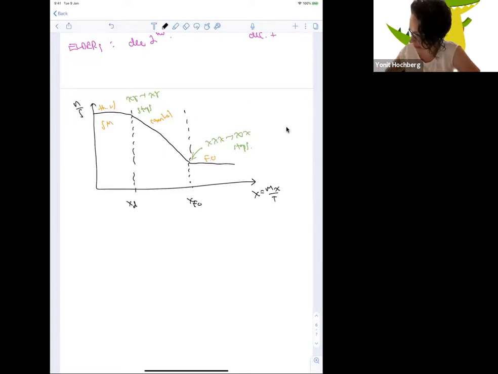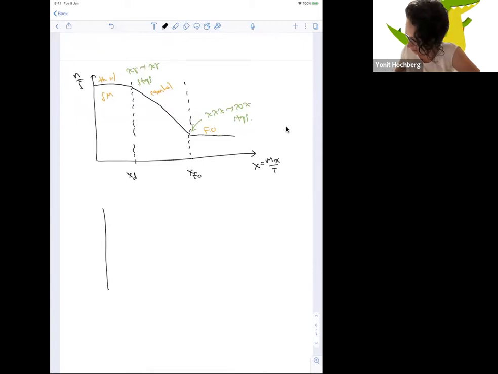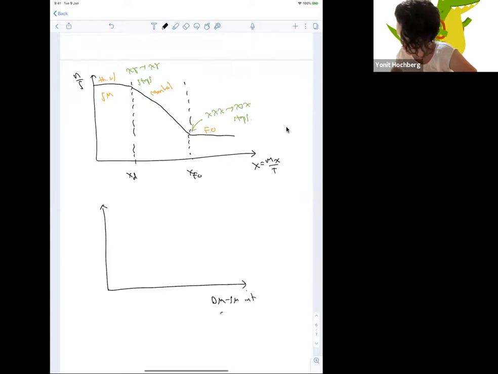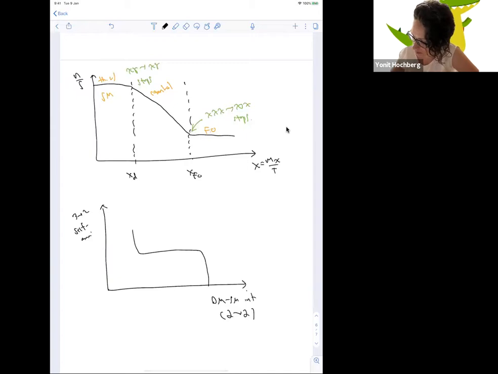Okay, so what I mean by this is, let's say I think about the relative size of my dark matter standard model interactions, these 2 to 2 scatterings that we're talking about, compared to the size of the 3 to 2 self annihilations. Then depending on the relative strength, you flow from a regime in which you're WIMP-like to a regime in which you're SIMP-like to a regime in which you're an elder.